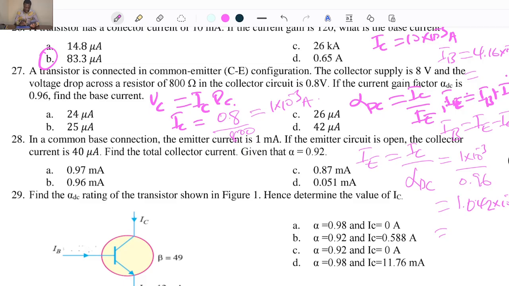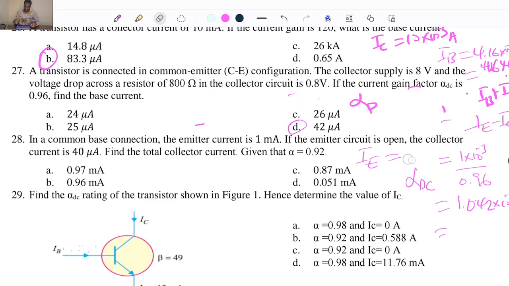So you can see the possible answers in micro. So that is 41.6 micro. And from there you can see that is going to be C, right? Sorry, to be D. This becomes D.